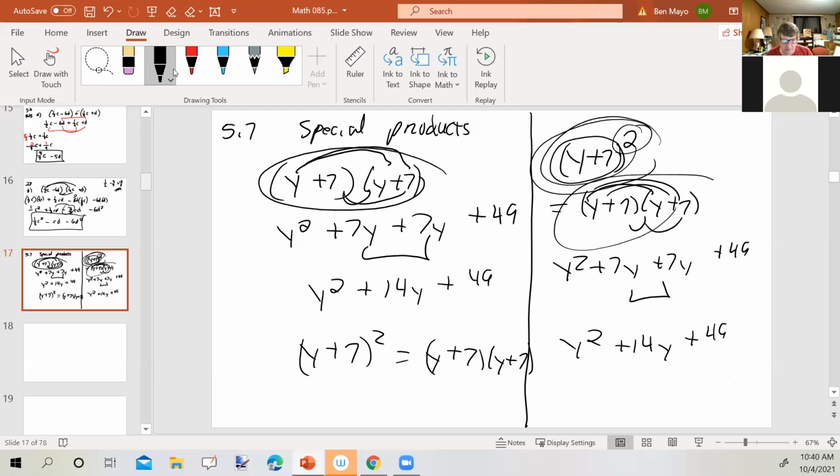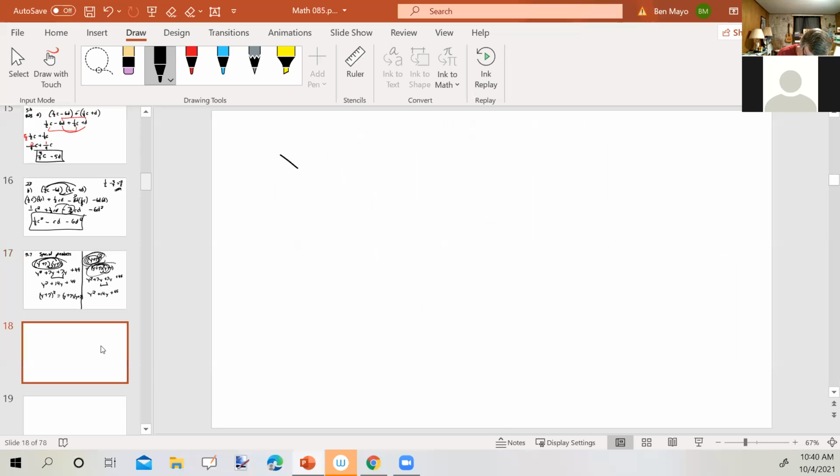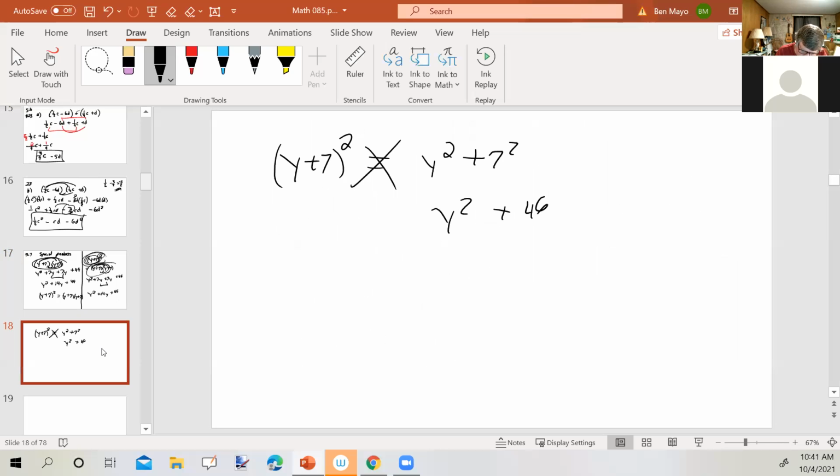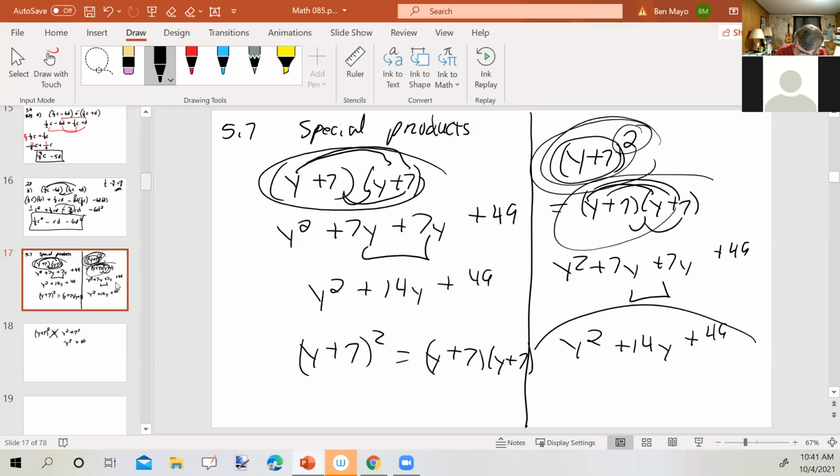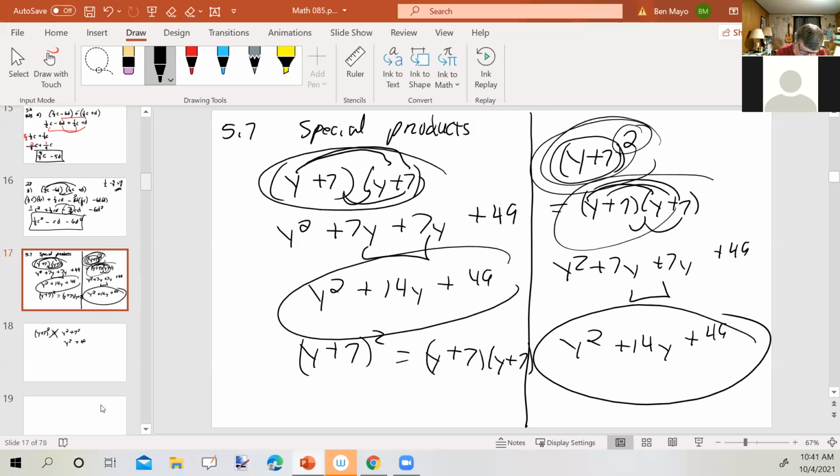A common mistake is that people think this equals that, which is not true, because that would be y squared plus 49, when in fact you would get that, a middle term. So be careful with that.